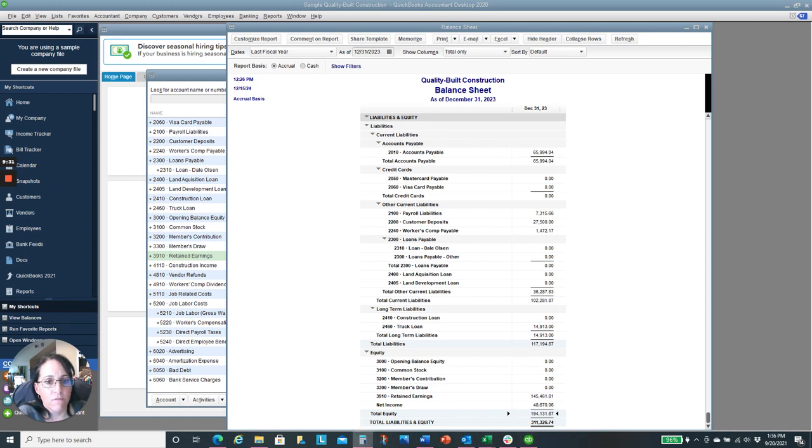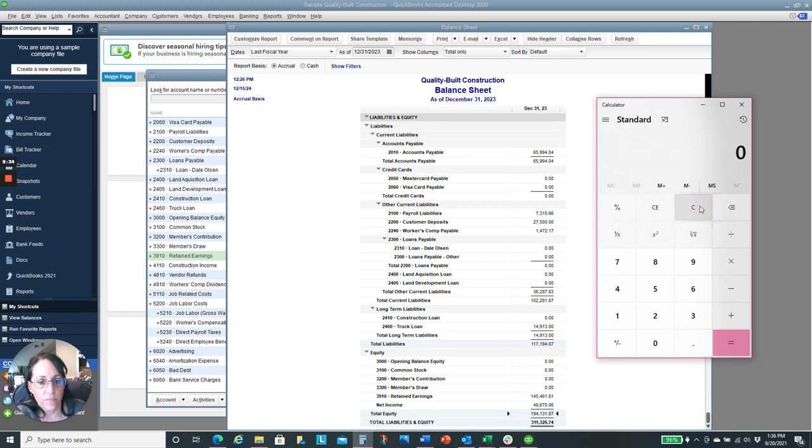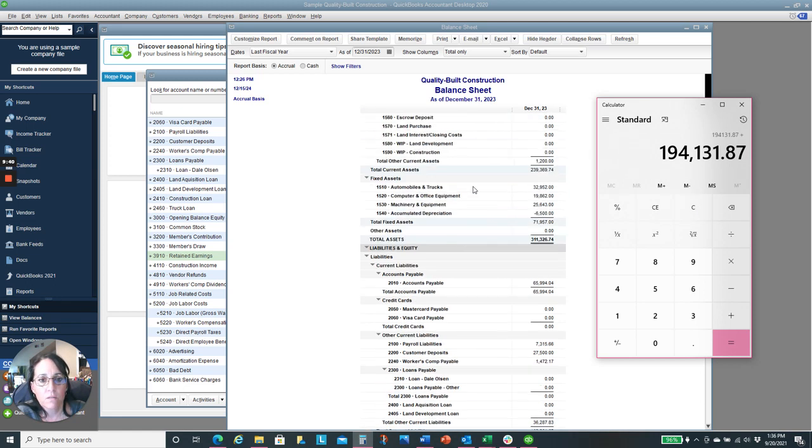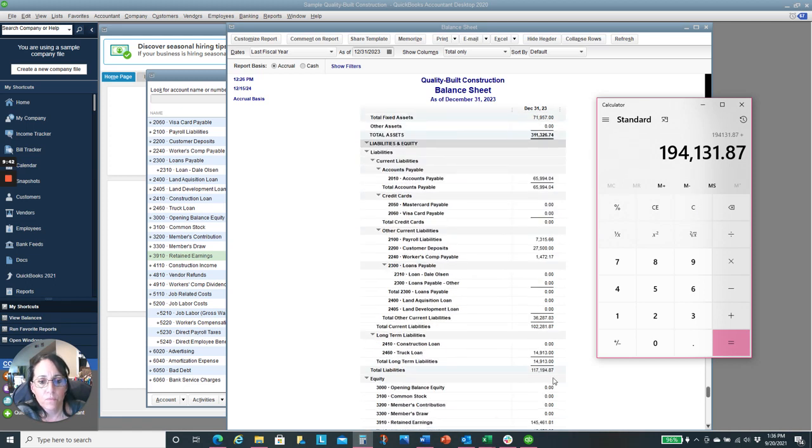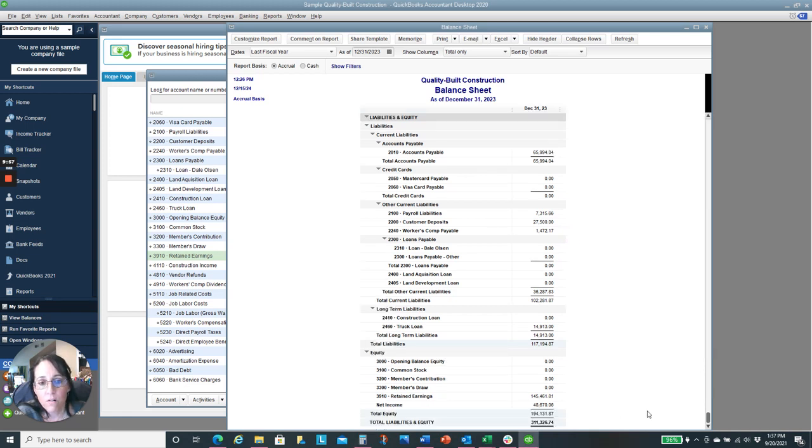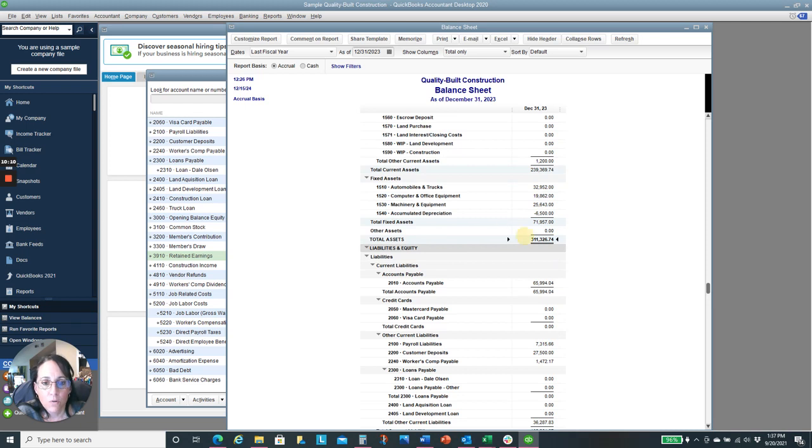Okay, 194,131.87, plus our 117, so total liabilities, okay, 117,194.87 is 311,326.74. We're in balance, as we could already tell here, but that's where this number comes from on the bottom end of the balance sheet. So this number plus this number, which is total liabilities plus total equity, gives you total liabilities and equity equaled out to your total assets.